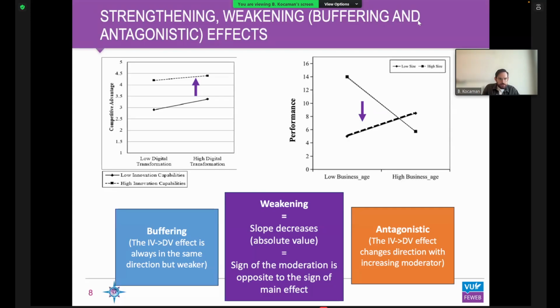And if we add something positive, the slope will be higher. Yes, it's indeed the case. If you add a positive moderator, like a moderator with a positive coefficient, then this slope will become steeper, like this.